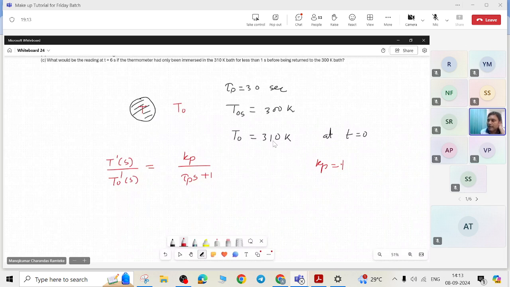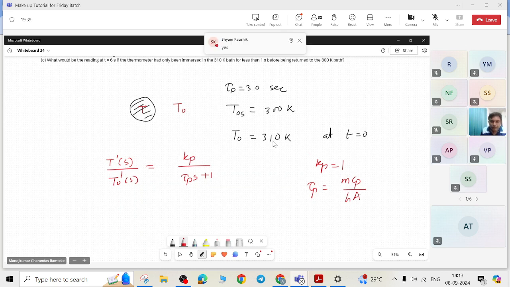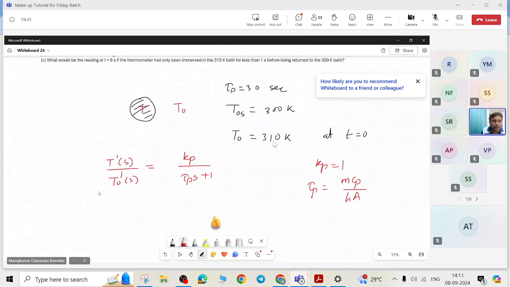If you remember the last class, when we looked at the thermometer case, there we said that Kp is 1 and tau p is given as m Cp by hA. Correct? This is what we have proven, isn't it? Do you all agree with me or not? Yes, sir.